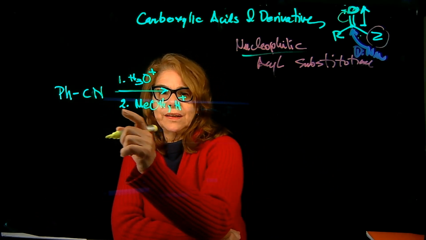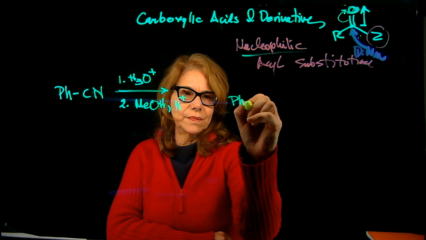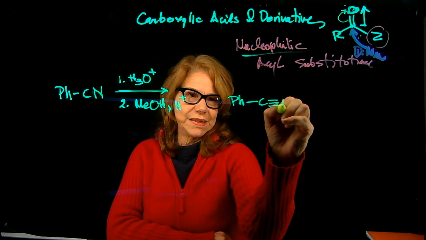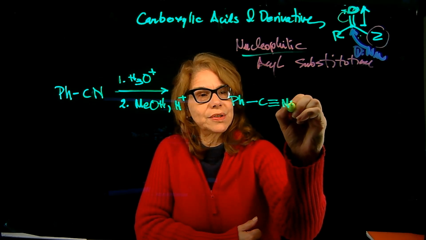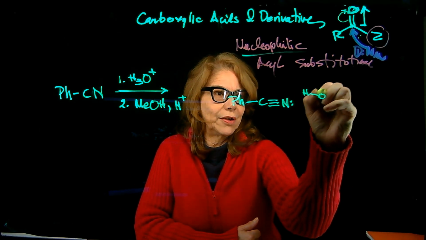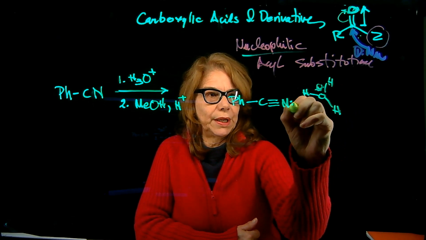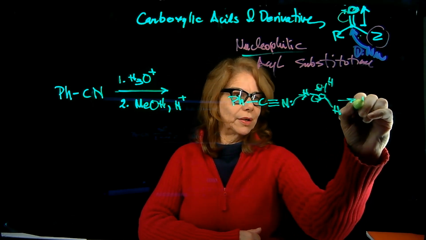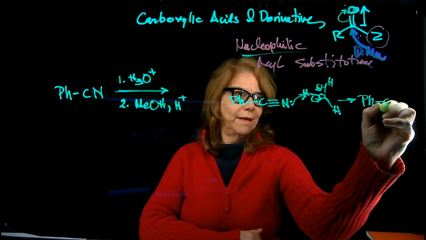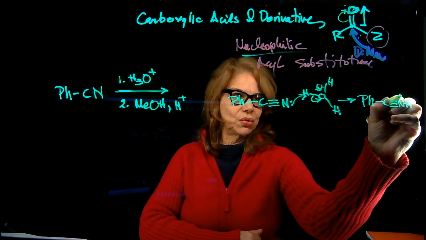So the first thing that we're going to note here is that this is a nitrile. So this is benzonitrile under acidic conditions, and here you have hydronium. You will protonate at the nitrogen. And so the first thing that you're going to form is the conjugate acid of benzonitrile.